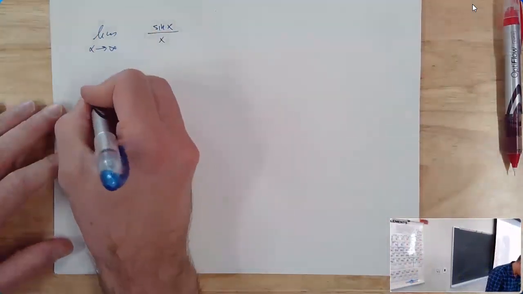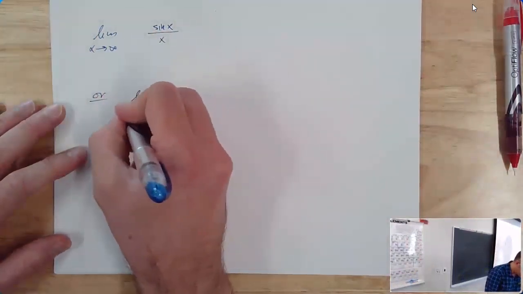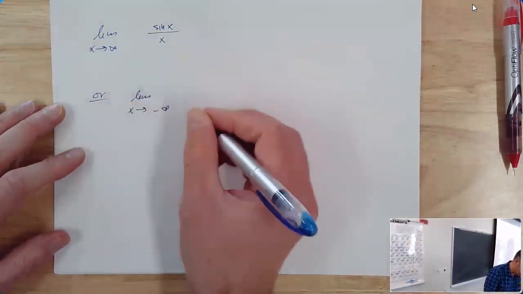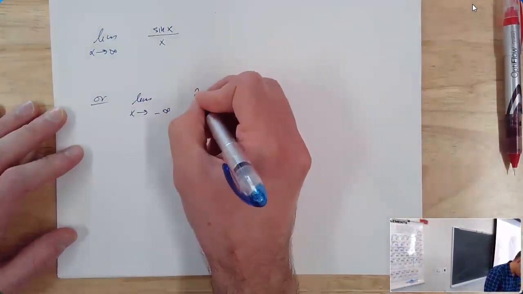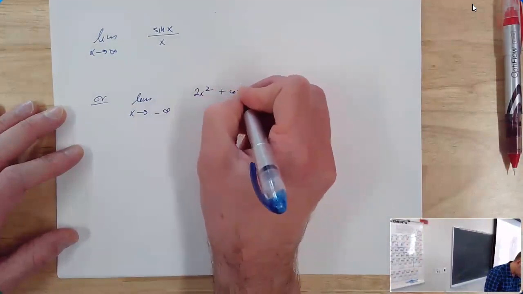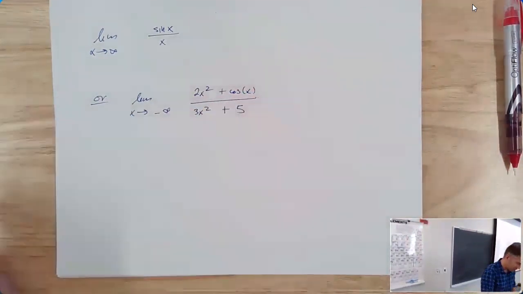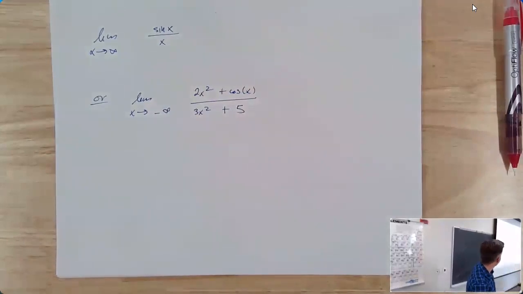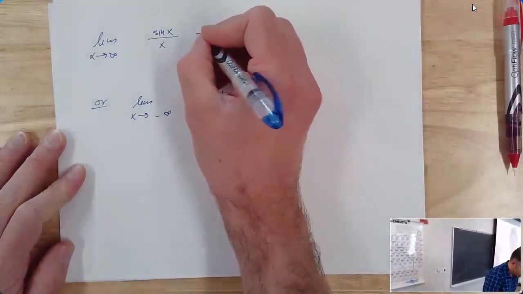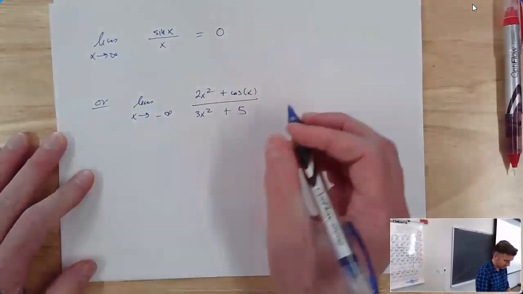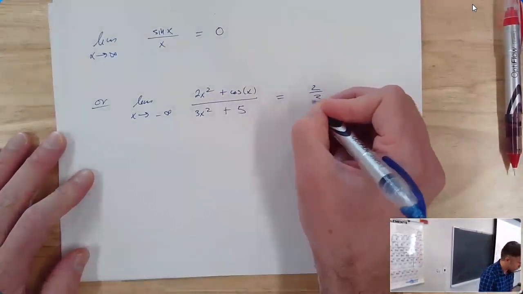Or a more interesting variety, the limit as x goes to -infinity of 2x squared plus cosine of x over 3x squared plus 5. You can use the squeeze theorem for both of these to show that this limit happens to equal 0 and this limit happens to equal 2/3.